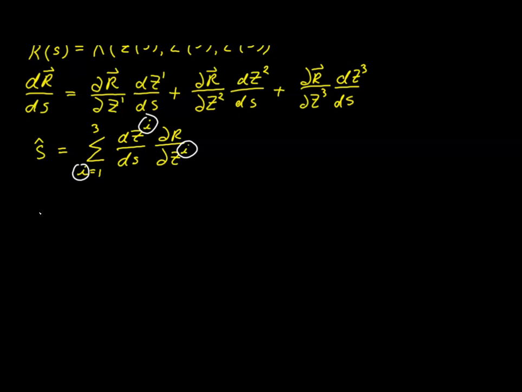A free index was an index that appeared once in either the upper or lower position of every term throughout the expression, and the free index indicated multiple expressions. This is not the case. Here we have an index that appears in one term only, and it appears twice, once in the upper position, once in the lower position, and it represents an expansion to n different terms within the single expression that we're dealing with. So we call this kind of an index a dummy index.